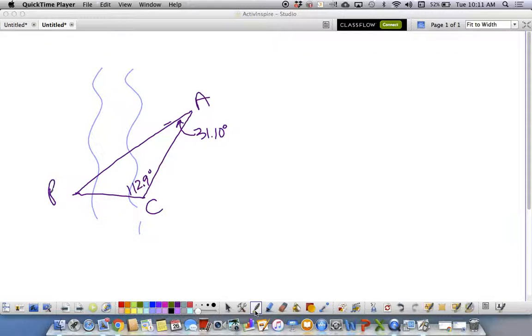This is C and that's B. And side B, where's side B that he can measure? Remember, side B is always across from angle B, so he can measure that at 347.6 feet. Find the distance A across the river.